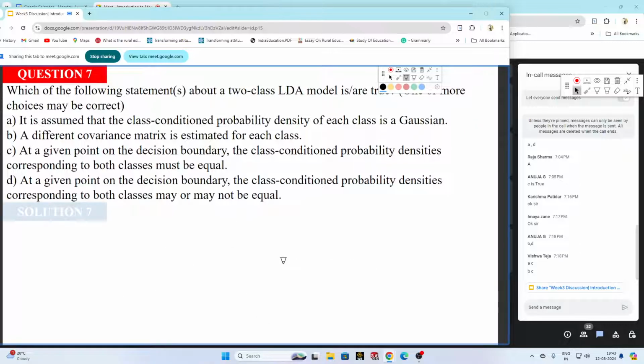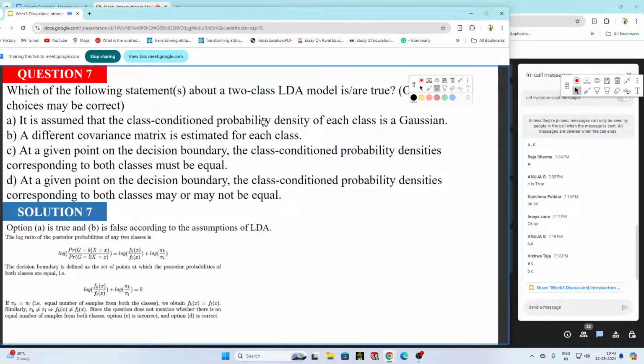Now move on to the next question: which of the following statements about the two class LDA model are true? Option A: it is assumed that the conditional probability density of each class is Gaussian. Option B: a different covariance matrix is estimated for each class.